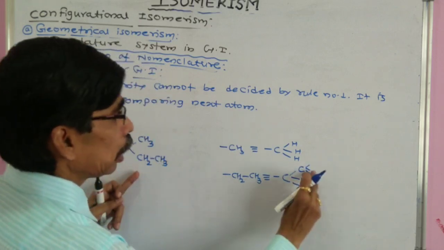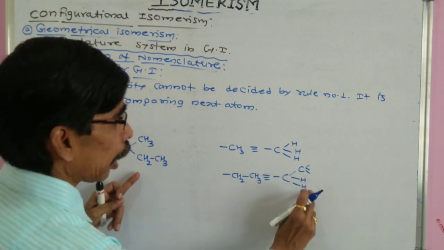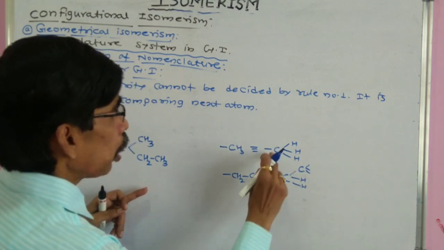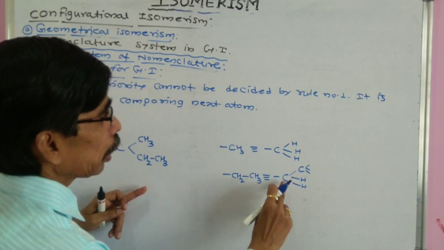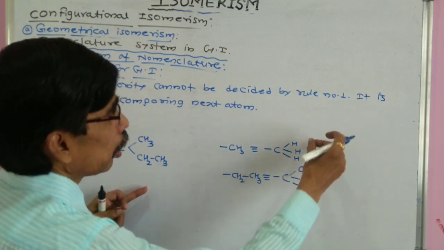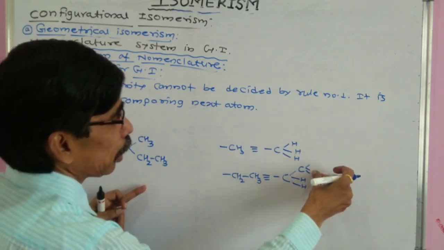So first atom is the carbon, second atom is hydrogen here, second atom is carbon.